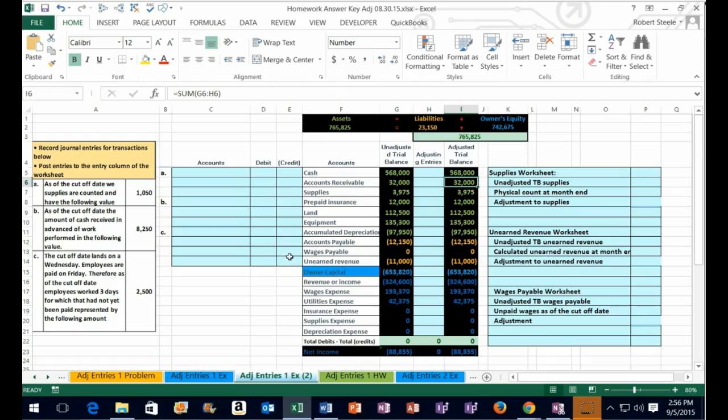Now remember, these are rules, some of them specifically for the adjusting entry process. So specifically for the end of the period adjusting entry process, we still have the same rule that every transaction is going to have two accounts. Every transaction is going to have at least a debit, the same amount of debits and credits. New rules solely for adjusting entries include that every transaction is going to have one balance sheet account above the blue line, and it's going to have one income statement account below the blue line.